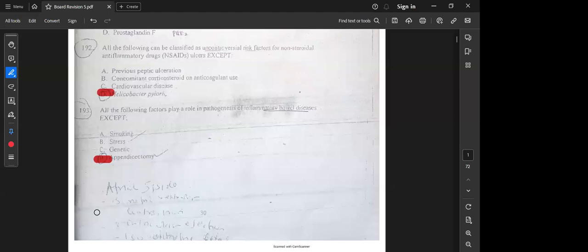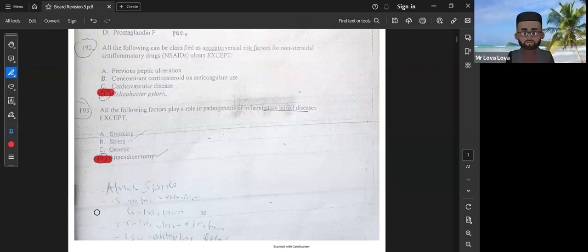But with Helicobacter pylori, it is a bacteria that is causing this ulcer already, not the NSAIDs being used in cardiovascular diseases. So Helicobacter pylori can itself cause ulcer, but all the others are controversial as risk factors of NSAIDs. Cardiovascular disease itself will limit oxygen perfusion to the tissues, and the tissues will start to break down, causing an ulcer.